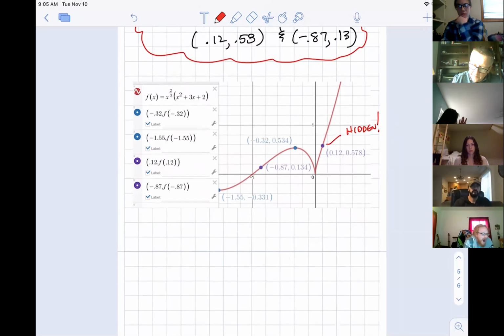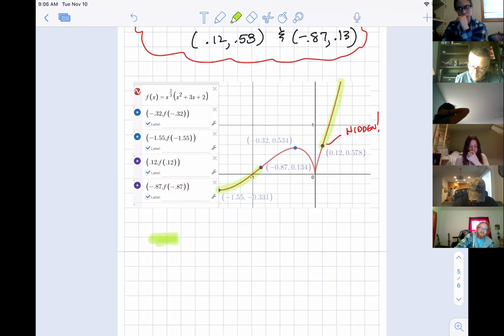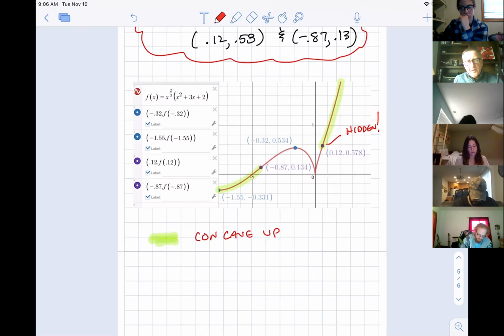And so what we know from this graph now is that here it's concave up and here it's concave up. Because remember, that's what an inflection point means, the transition.